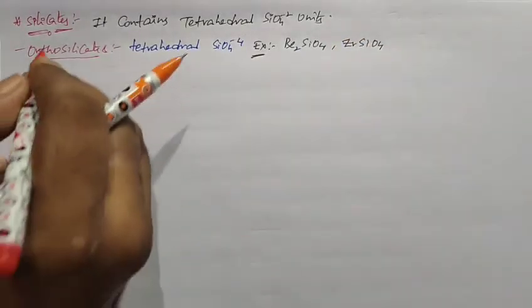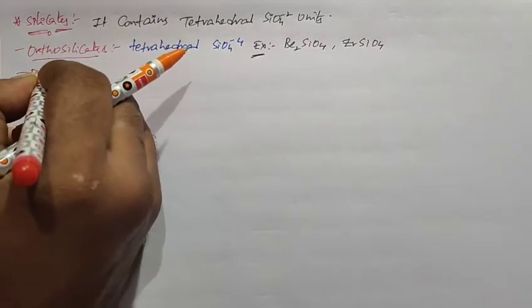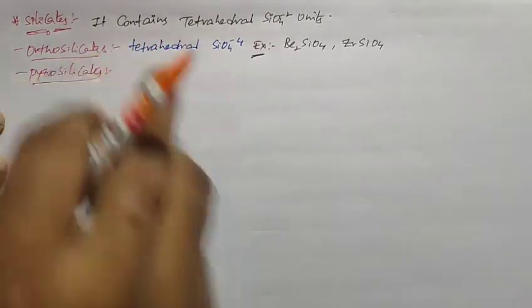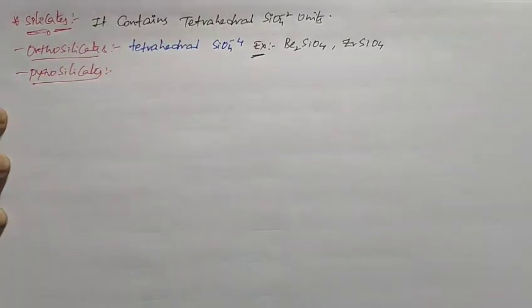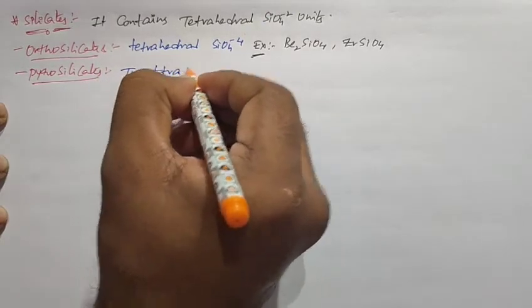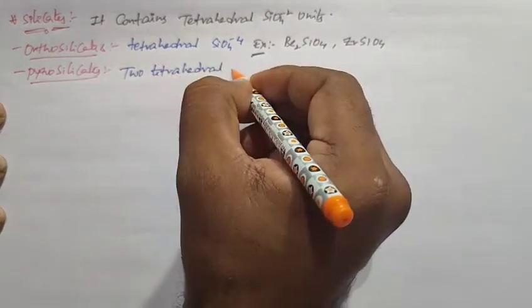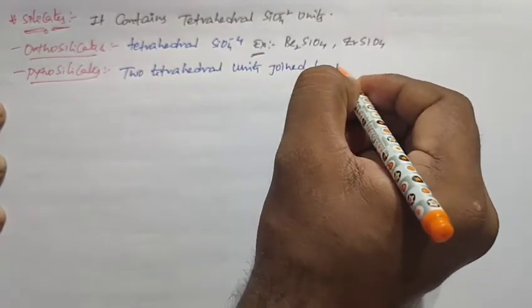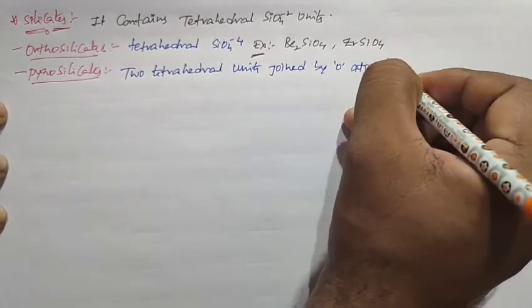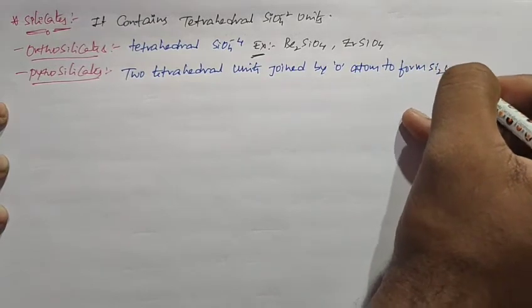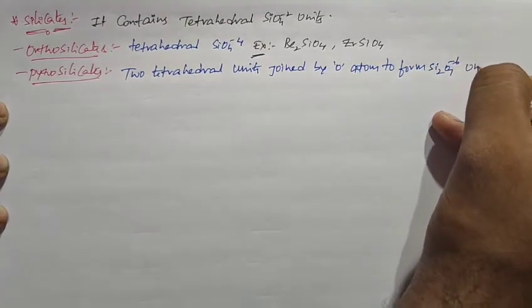And next one is pyrosilicates. Pyrosilicates are formed by the joining of two tetrahedral units by one oxygen atom to form the Si2O7 6- unit.